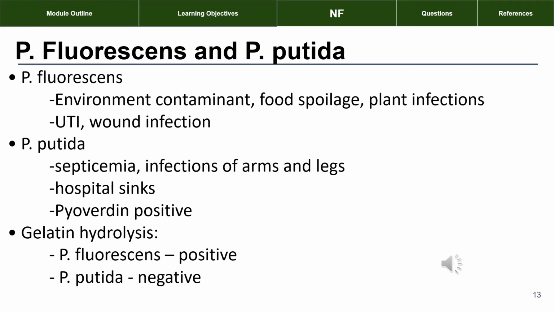While your Pseudomonas putida is seen in your septicemia, infections of arms and legs, and it can be grown through your hospital sinks, so that's where you can collect them at times. This is pyoverdin positive. For your gelatin hydrolysis test, your Pseudomonas fluorescens will turn out to be positive, and your Pseudomonas putida will turn out to be a negative result.